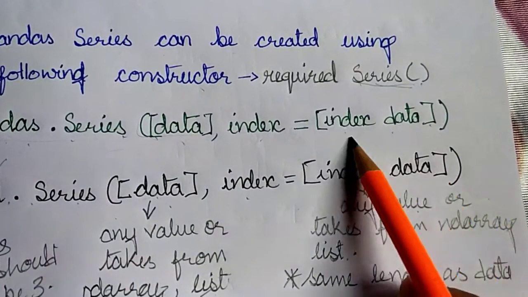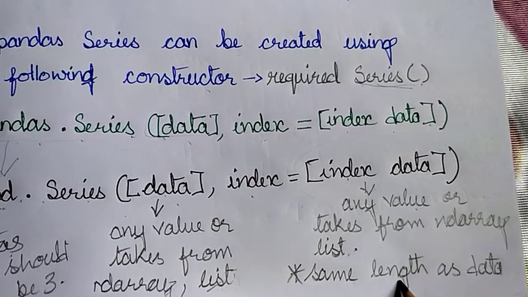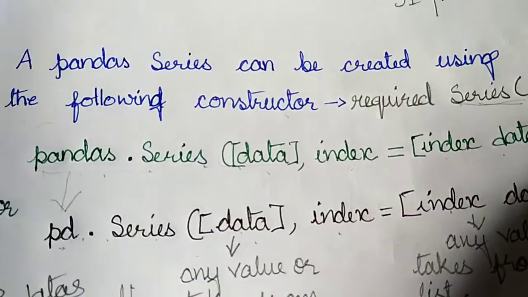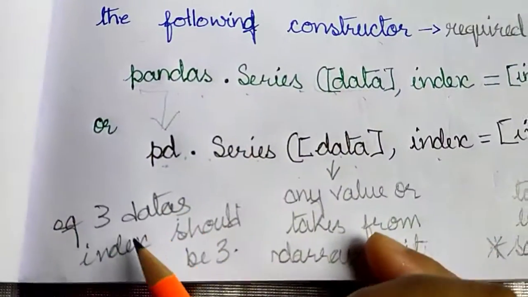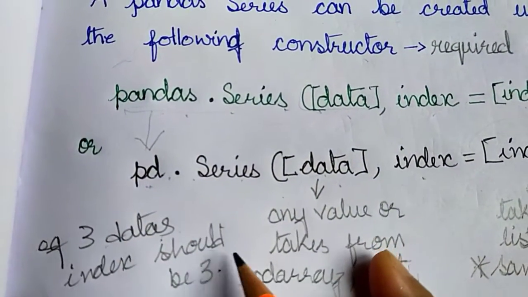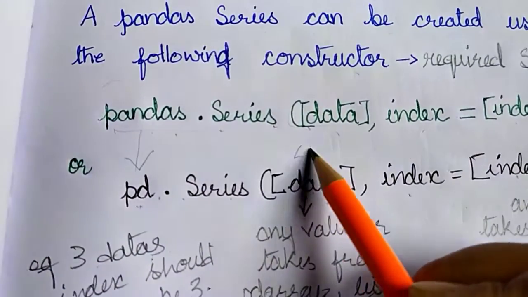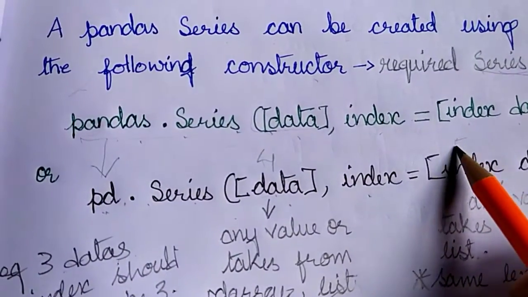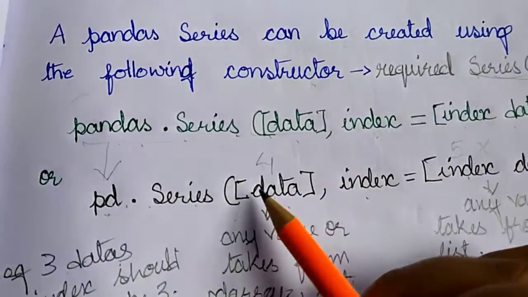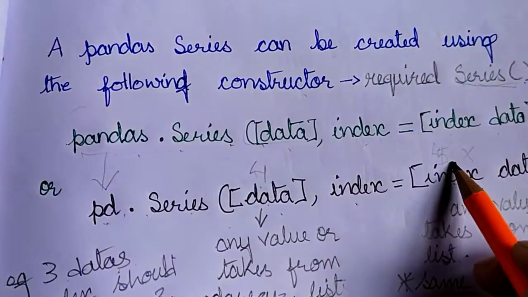And remember, this index data should be the same length as the data. What is the meaning of that? That means if you have 3 data, the index should be 3. It should not be that you have only 4 data and the index is 5. That is wrong. When you have 4 data, the index data as well should be 4.